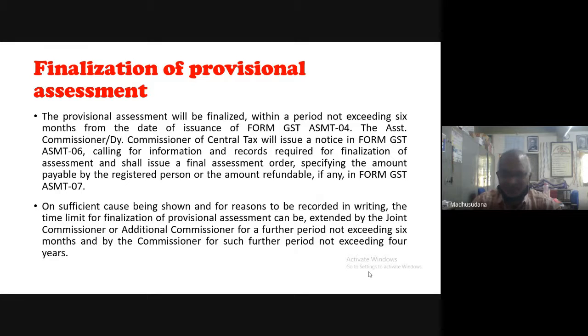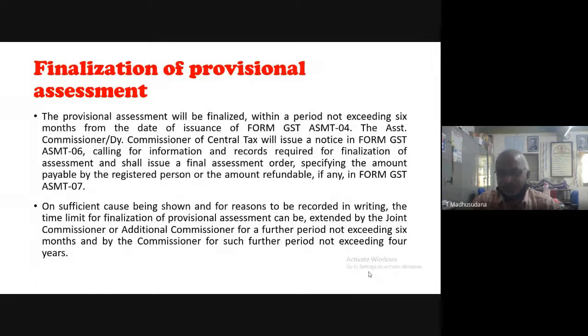That means if they require any additional information or records for final assessment, they call for it through Form GST Assessment 06.